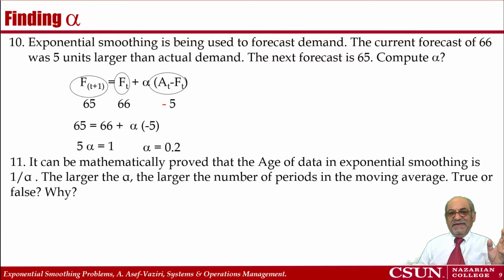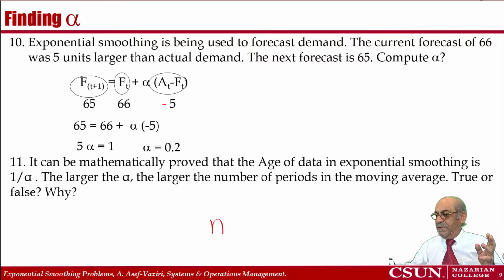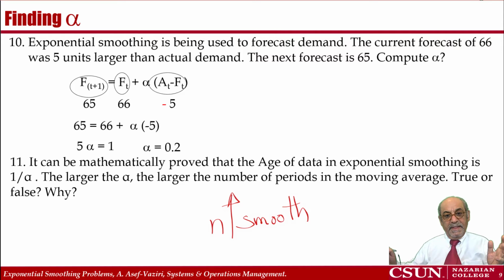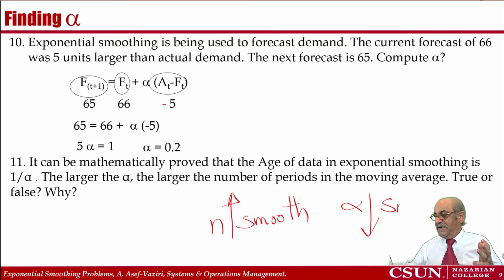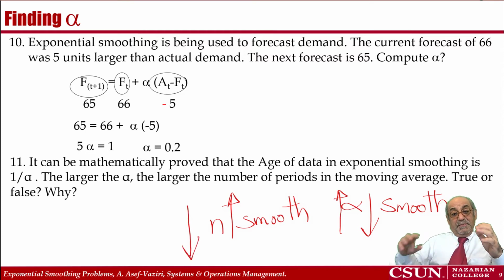We know that in moving average, if n goes up, the curve becomes smooth. And we also showed that in exponential smoothing, when alpha goes down, the curve becomes smooth. So if alpha goes up, the number of periods should go down, because if alpha goes up, it will be more responsive.